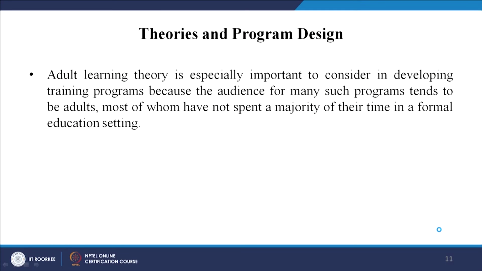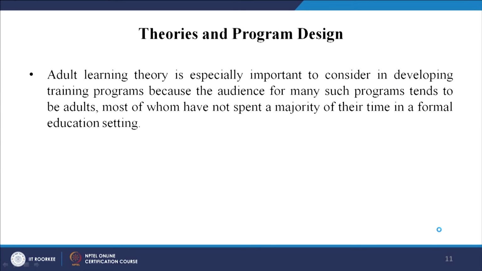Adult learning theory is especially important to consider when developing training programs, because the audience for many such programs tends to be adults, and most of them have not spent a majority of their time in a formal educational setting. Now, this is related to educated adults who have not gone through formal education, for example, senior engineers.